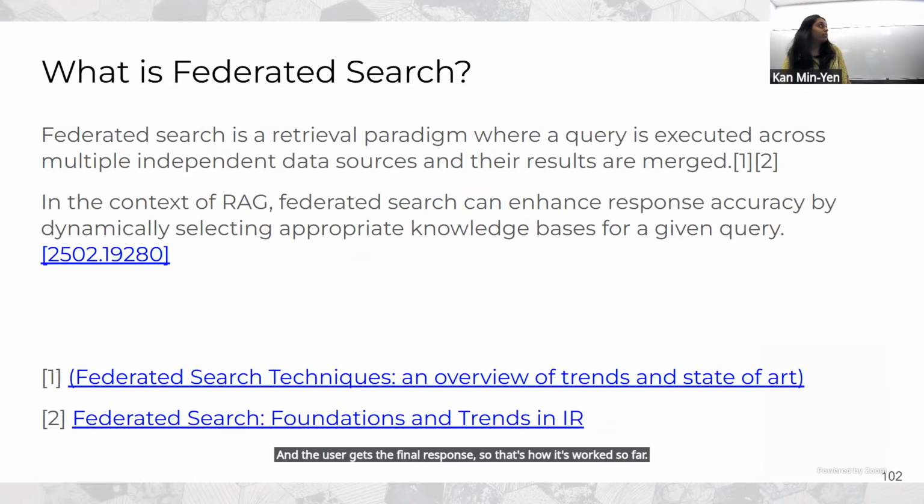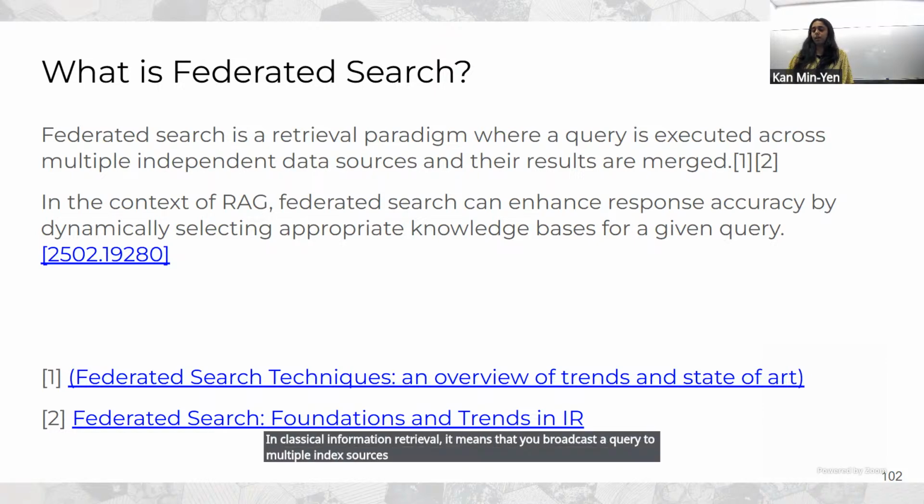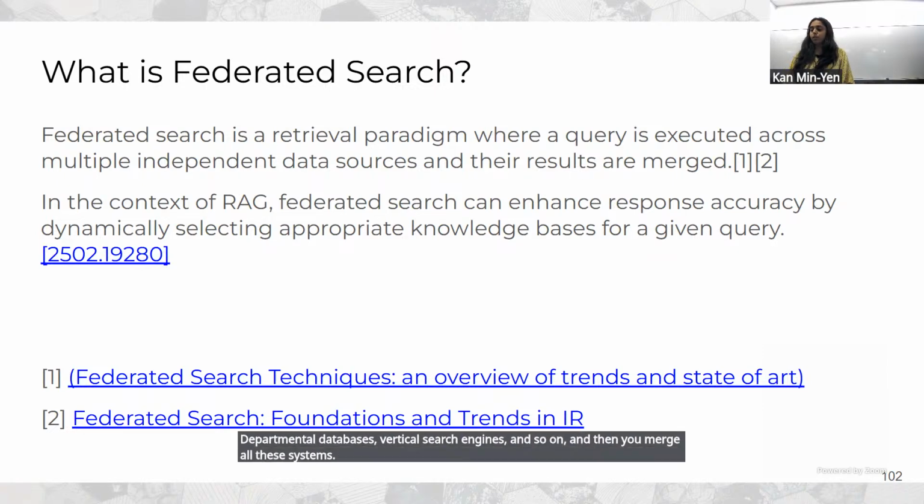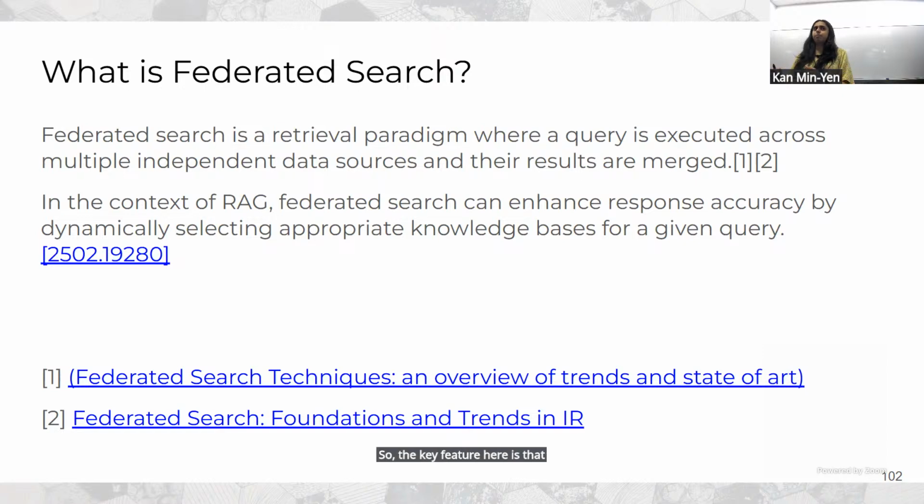And so where does federated search come in? Federated search in classical information retrieval means that you broadcast a query to multiple index sources, which could be departmental databases, vertical search engines, and so on, and then you merge all these results. The key feature here is that it's multiple independent sources and not a monolithic database.